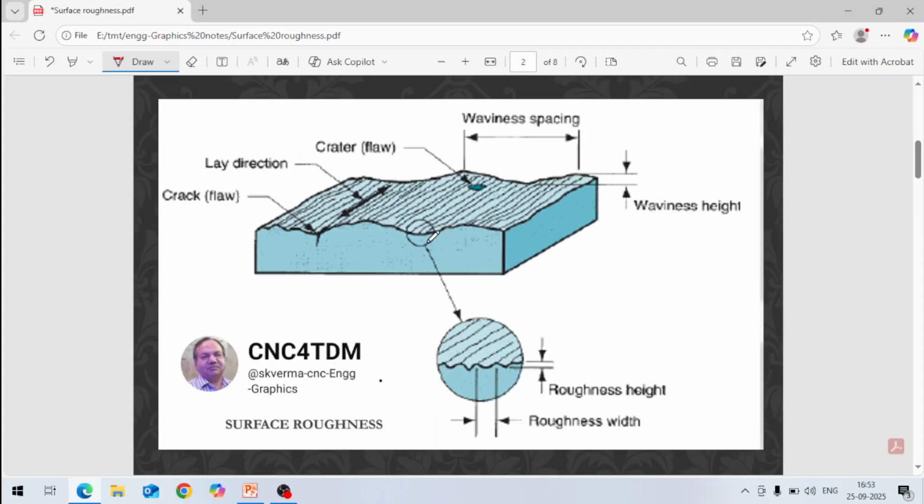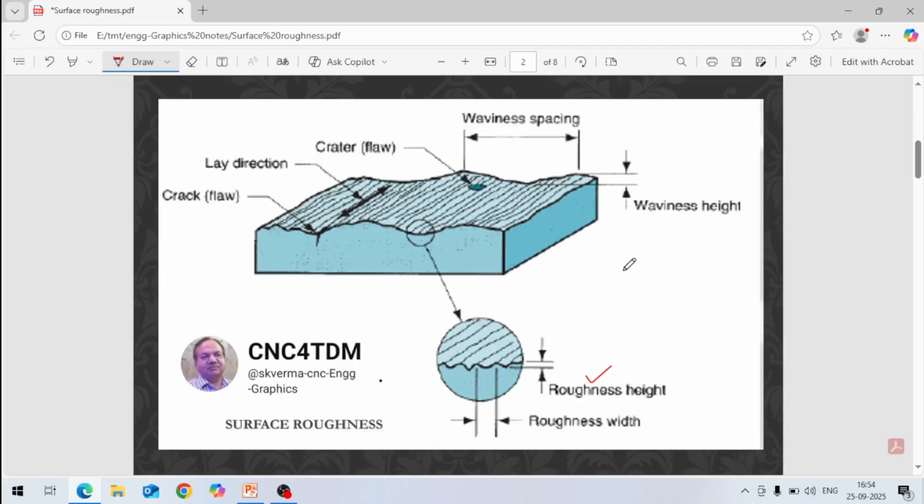I have zoomed this area. Here, this is roughness height, and this is the roughness width. So this way we are creating surface in machining. If you enlarge this on the microscope, you will see the shape like this only.